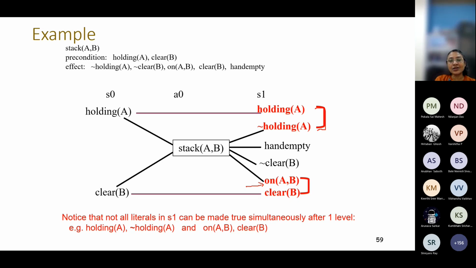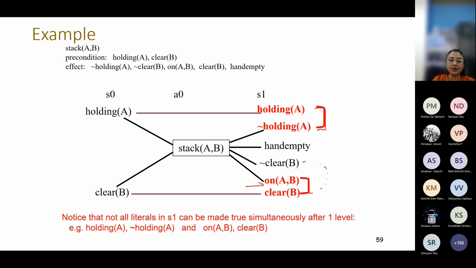But stack AB was also the effect of clearing B. So all ways of achieving on AB are exclusive with clear B, because clear B is mutex with not clear B, and not clear B is obtained from stack AB. So on AB and clear B are also mutex. Okay. So these are two examples of mutex.